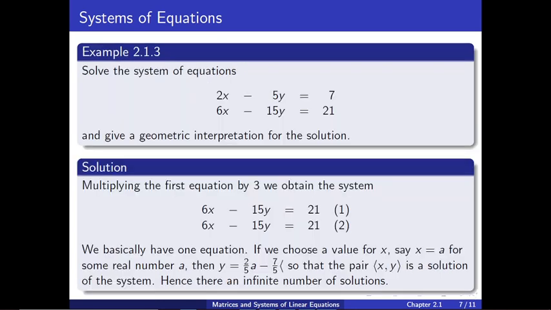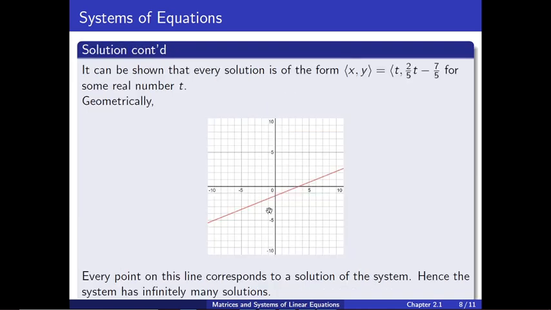If you draw the two lines, you'll see that it's basically one line that we have. Any point that you pick on this line is going to satisfy both equations, because both lines are just the same line.